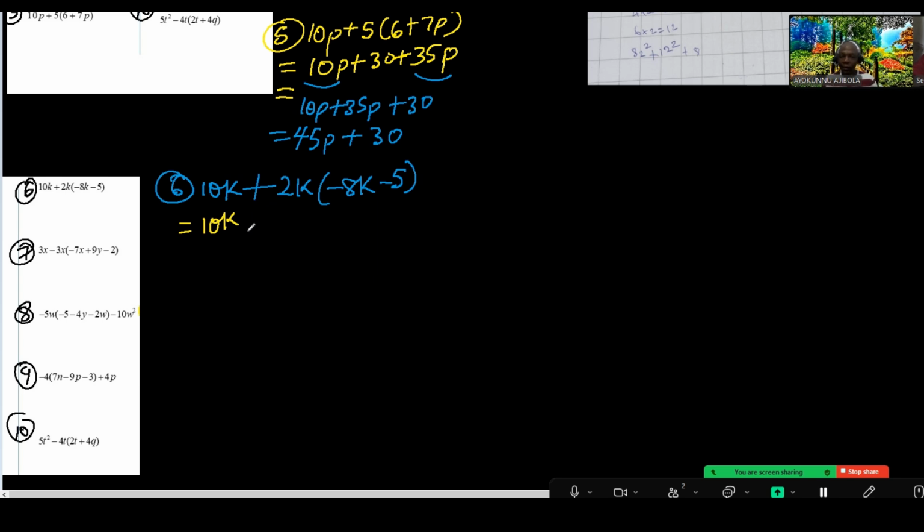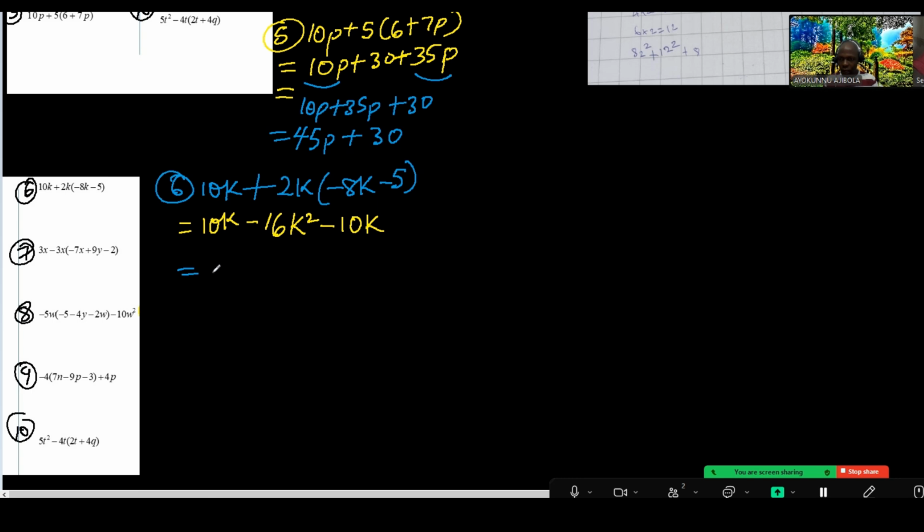Positive 2 times negative 8 is negative 16. Take note. K times k is k squared. Now positive 2 times negative 5 is negative 10, and there's a k there. So you can see two k's, one positive and one negative, but you can also see k squared.